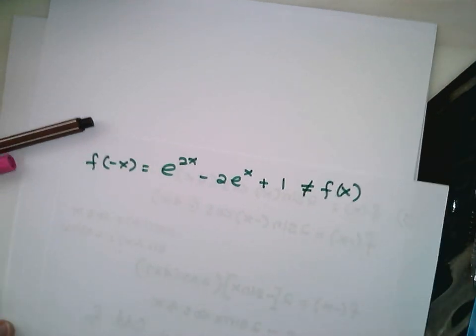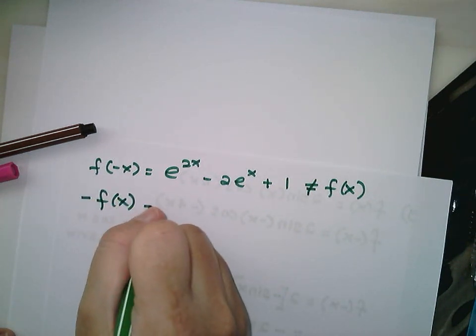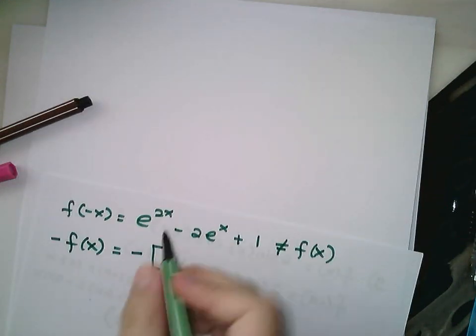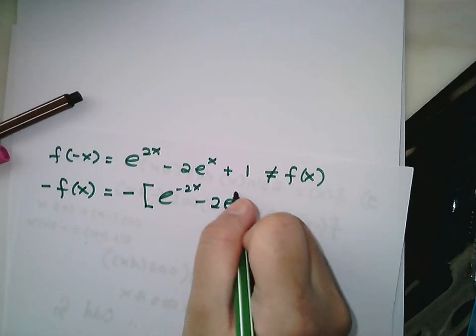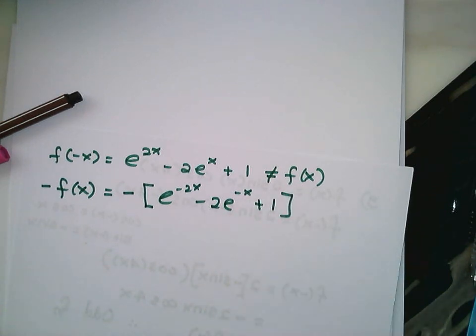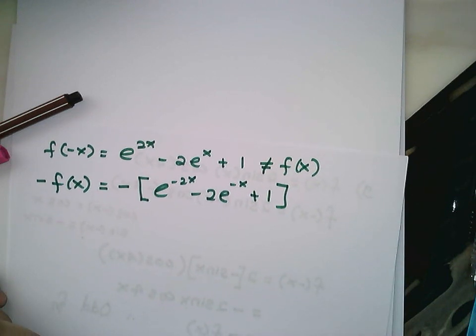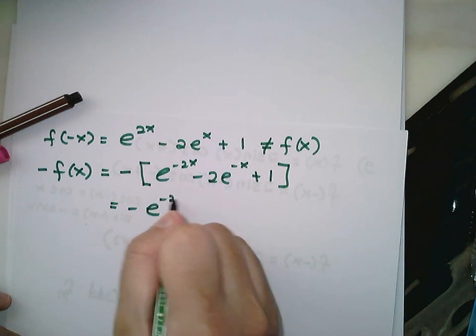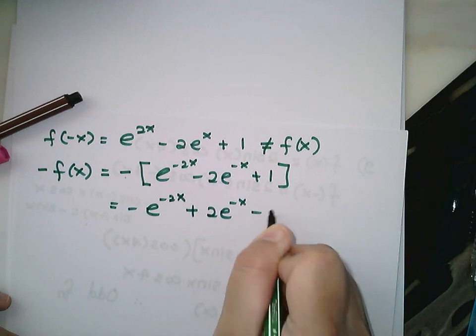Now you need to check for the negative of your f x. So what is your f x again? e negative 2x minus 2e negative x plus 1. If you expand this, you will have negative e negative 2x plus 2e negative x minus 1.